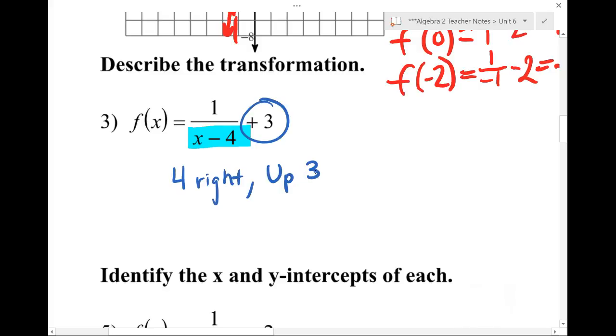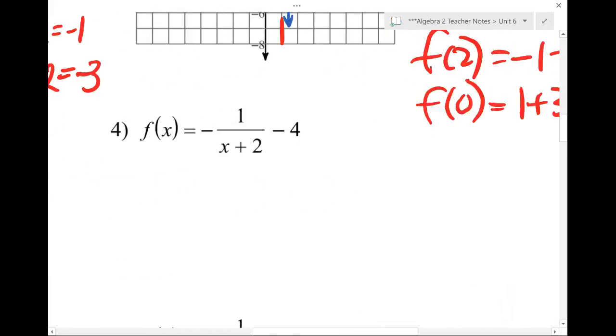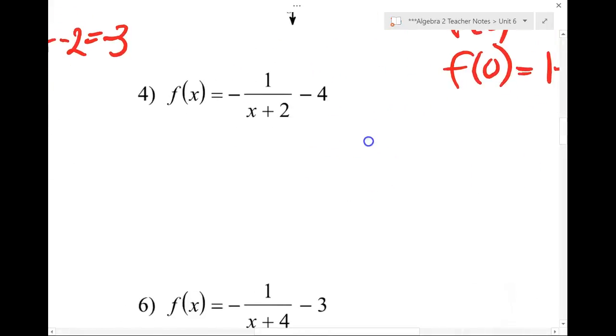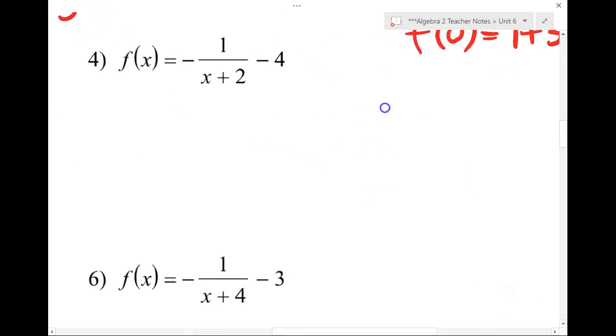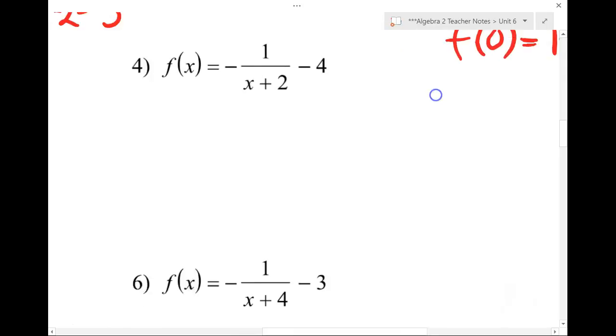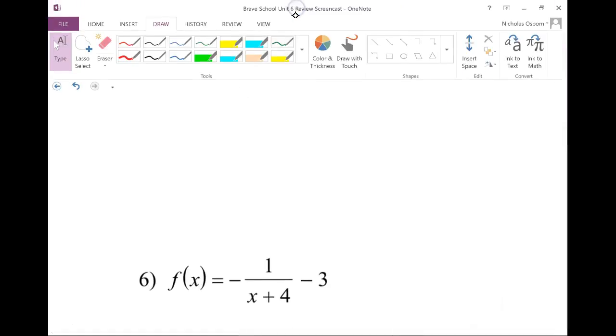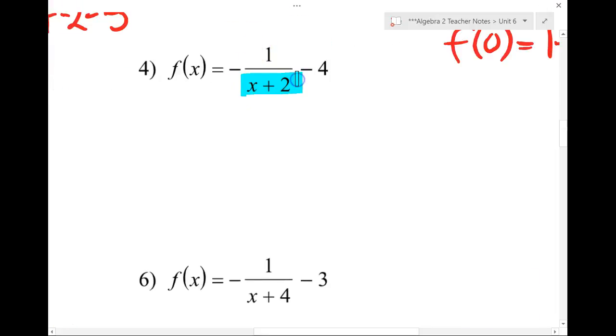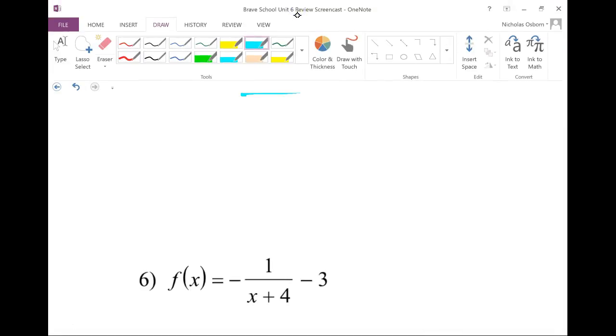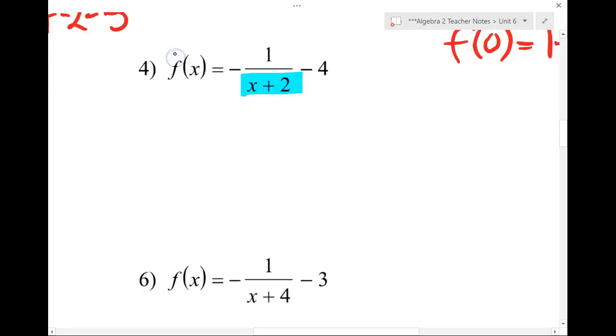Okay? Now with this function, in this transformation, on number 4, take a look here at the bottom. We're going to have x plus 2. X is a liar, so it won't go in the positive direction. It will go in the negative direction. So that means it will go left 2.